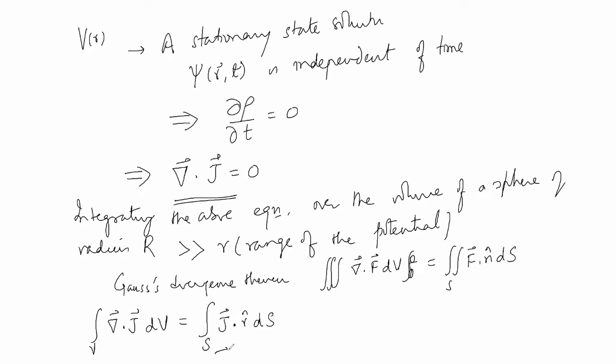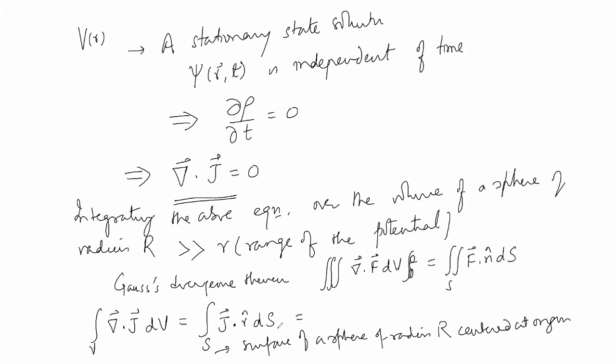What is this S? This is the surface of a sphere of radius r centered at the origin, where you have placed your potential.